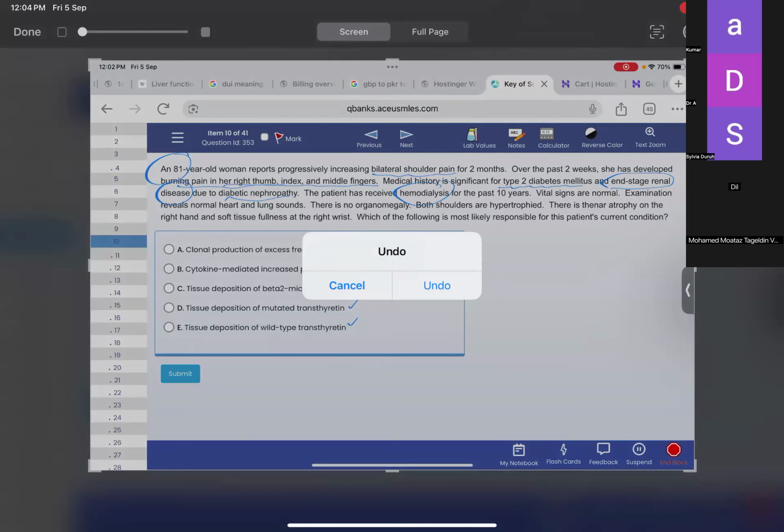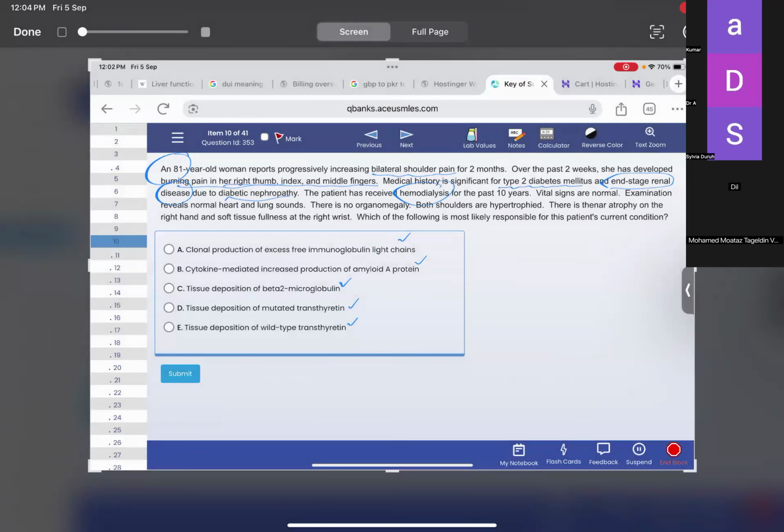So what do you understand from this? We are talking about amyloid deposition.